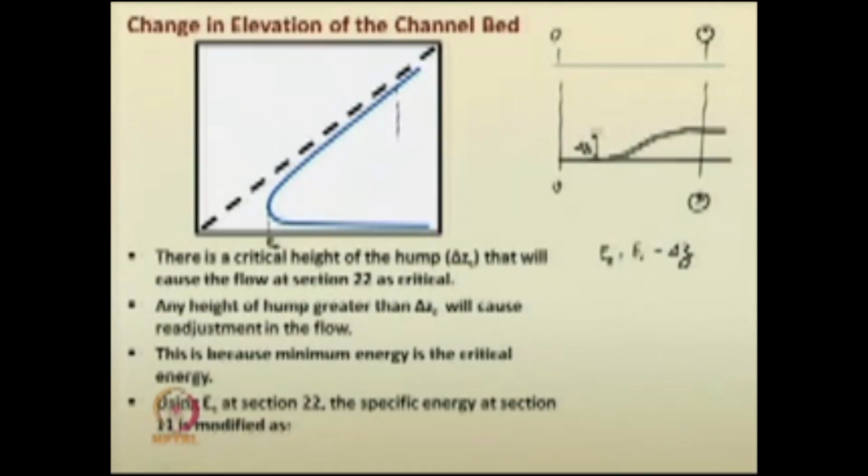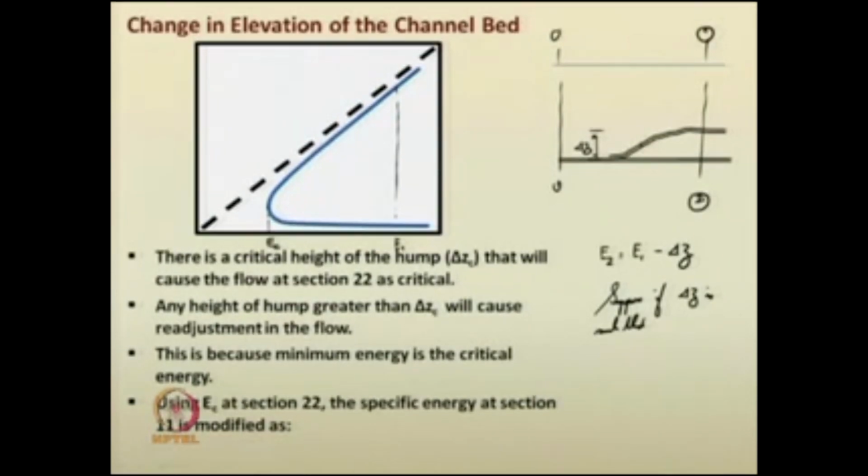You already have E1 here. So, suppose del z is such that E2 is less than the minimum energy or the specific energy at that section, what happens?